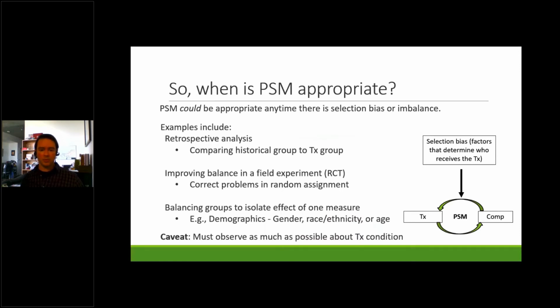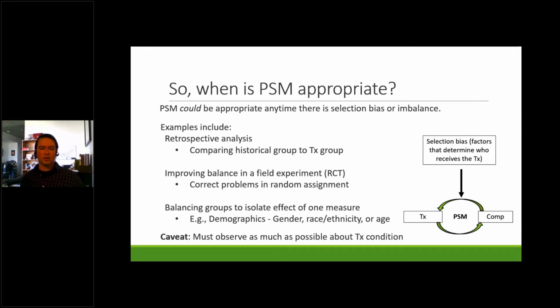PSM could be appropriate anytime there is the potential for selection bias or there is an imbalance between groups to be compared. Some examples of this include a retrospective analysis. This is probably the most common form of how PSM is applied in criminal justice evaluations.